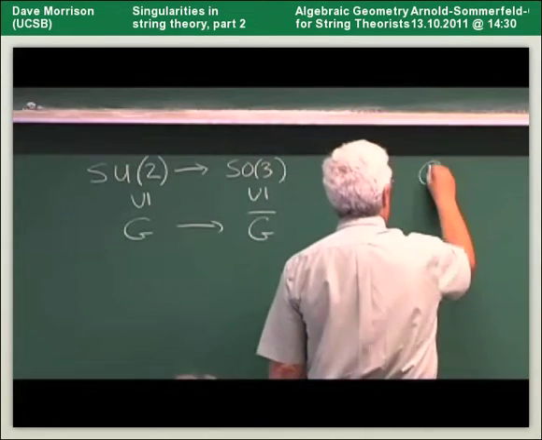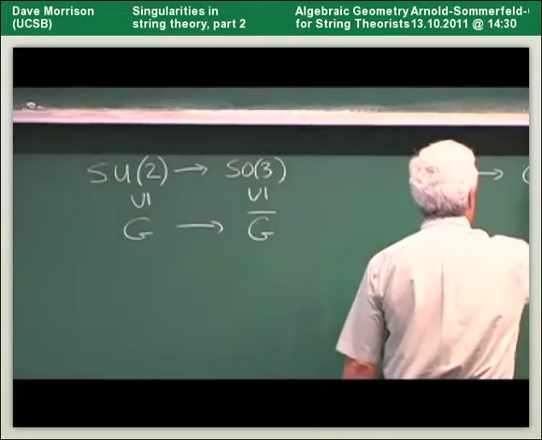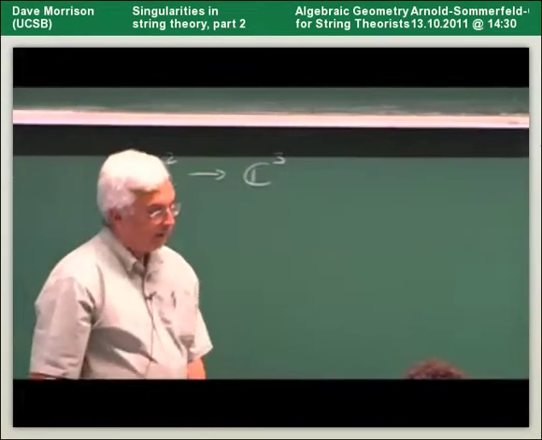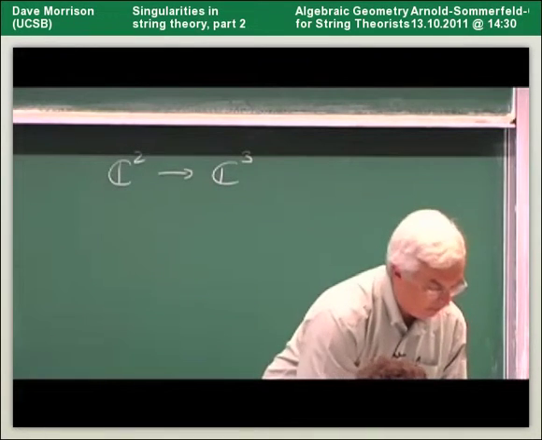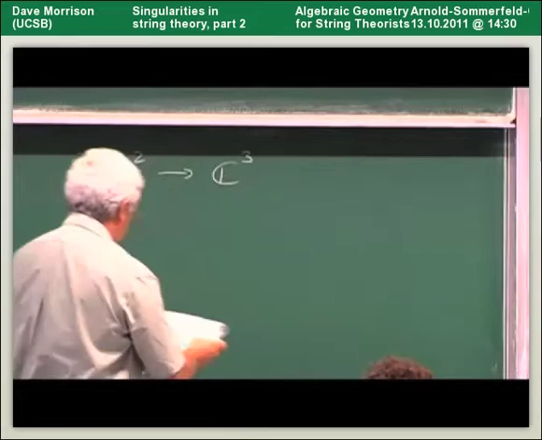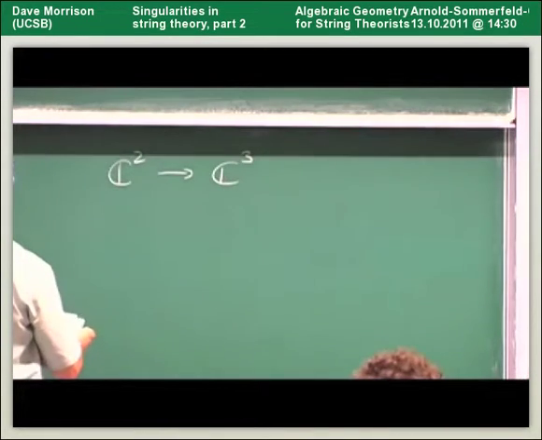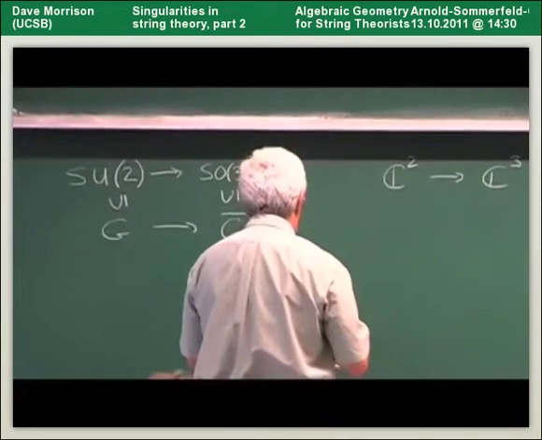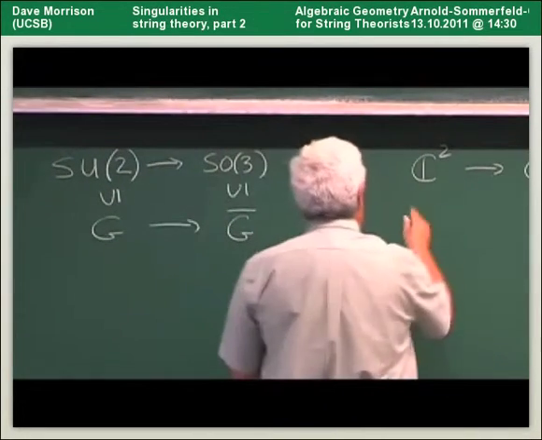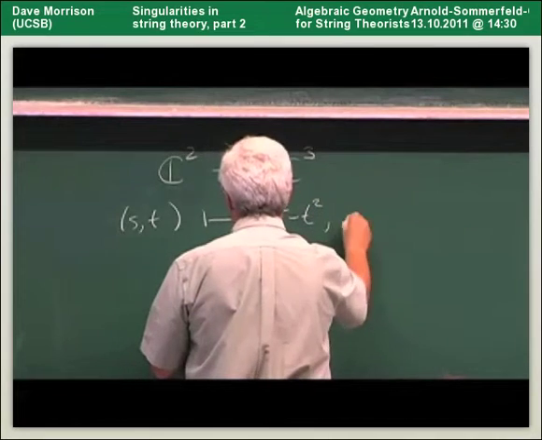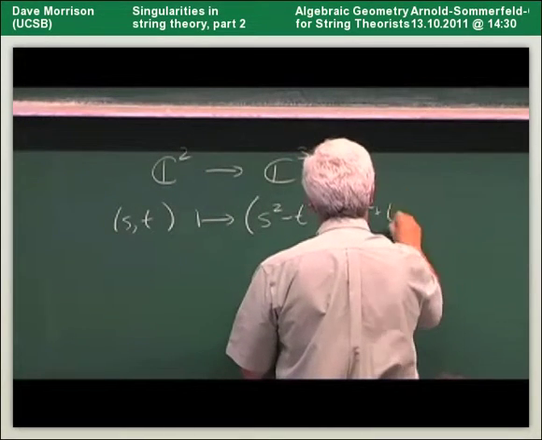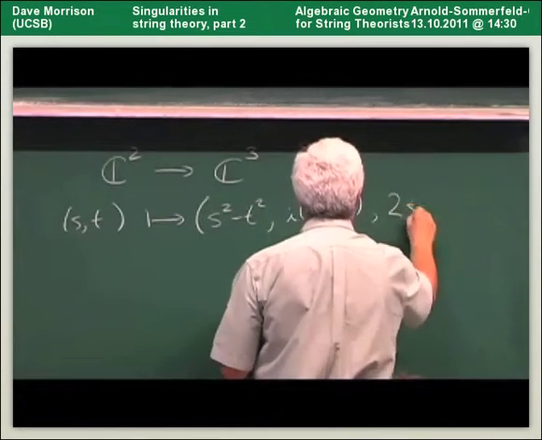And so to do that, I'm going to choose a map from C2 to C3, which is well adapted to this problem. My map is (s, t) goes to (s squared minus t squared, i times (s squared plus t squared), 2st).